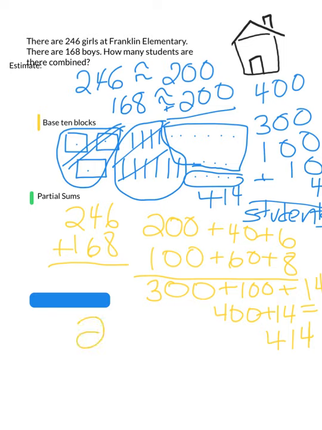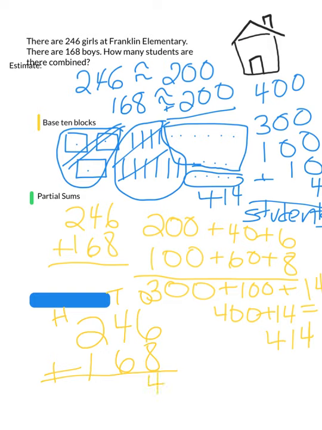And I will again do 246 plus 168. I'm taking a look at hundreds, tens, and ones, and I want to make sure that I have them in the correct rows and in the correct place value. So I start with the ones, and I would say 6 ones plus 8 ones is 14 ones.